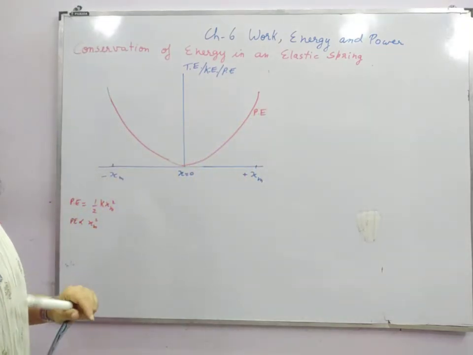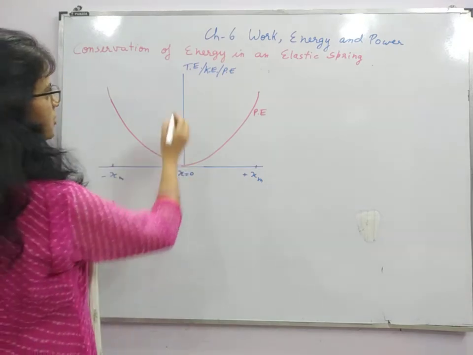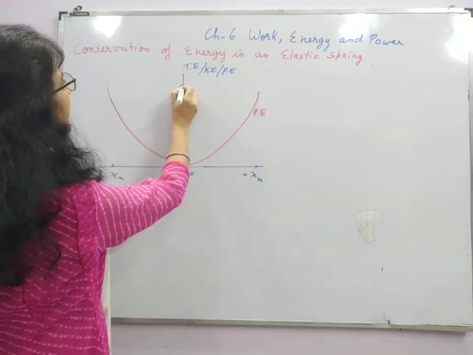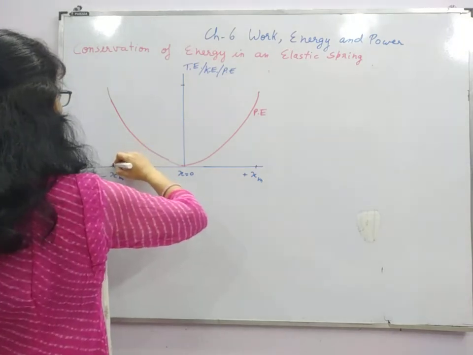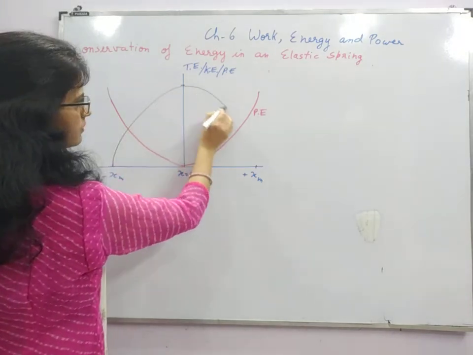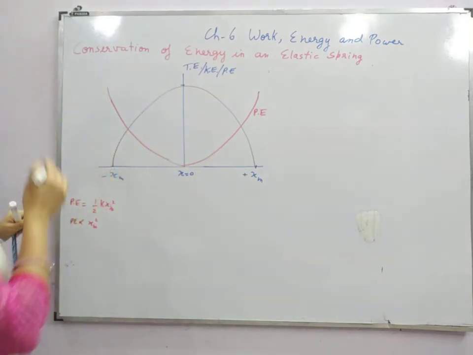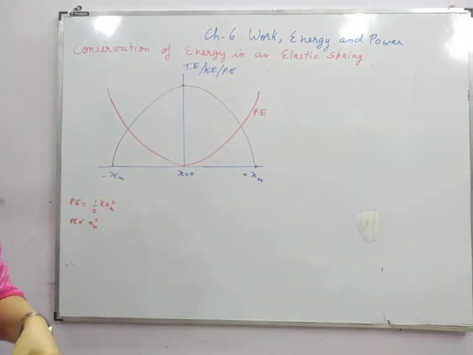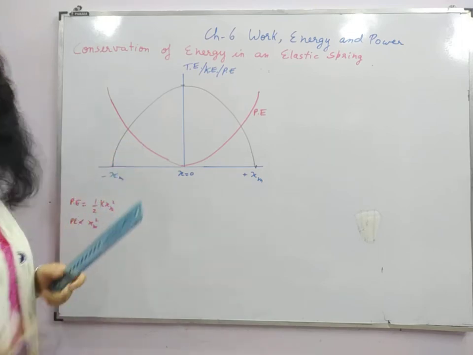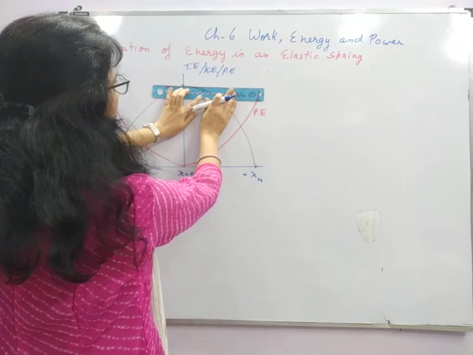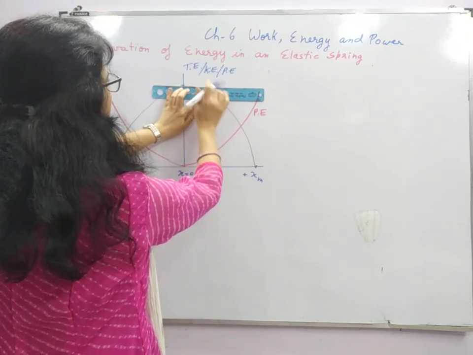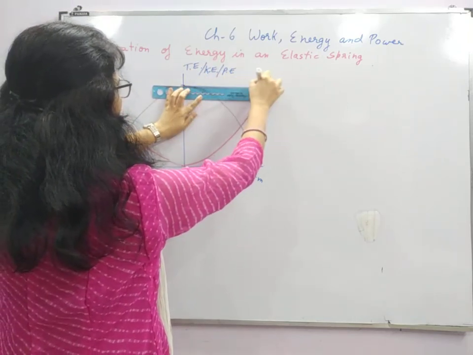Now we talk about the kinetic energy. Kinetic energy is maximum at the mean position and 0 at the extremes. So this is the graph, and for total energy we know that the total energy is constant at every point. So this will give you the graph for the total energy.